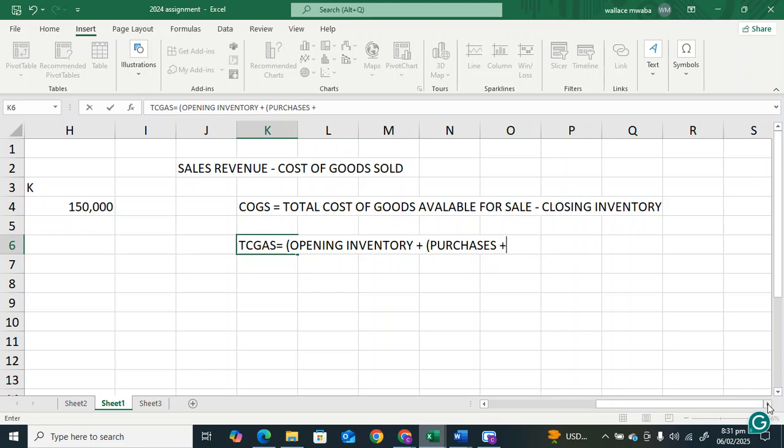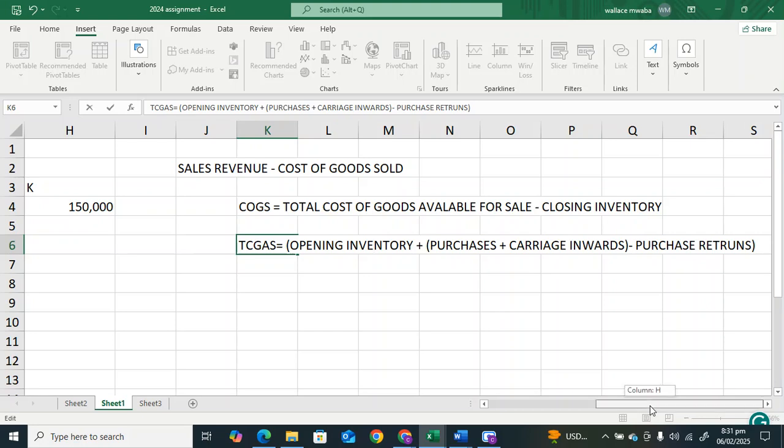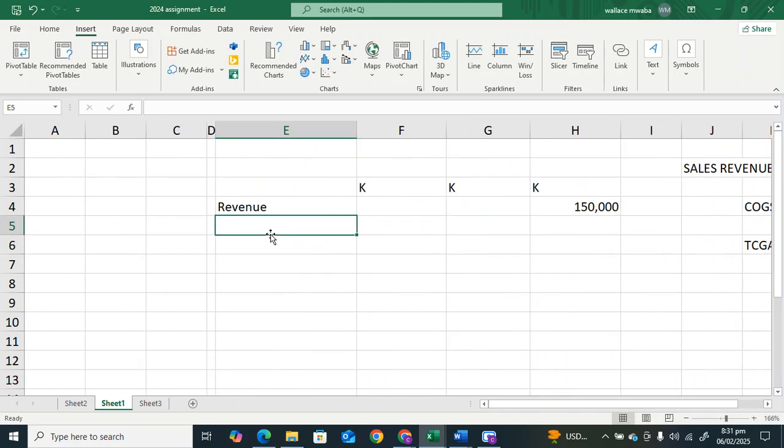If there's any carriage inwards, you add it in. And if there's any purchases returns, you deduct it from there to get your net purchases. So basically, purchases plus opening inventory will give you the total cost of goods available for sale. So we start with opening inventory.